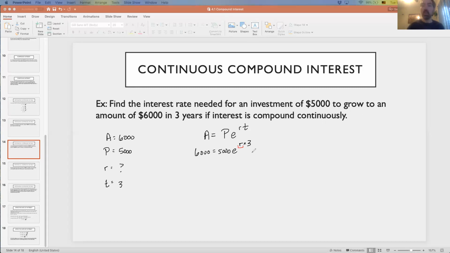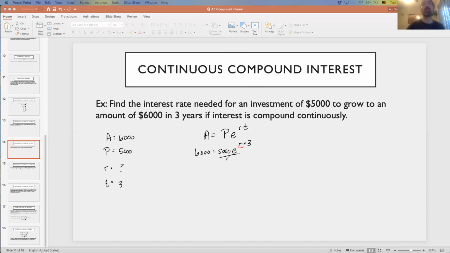When the variable that we're solving for is in the exponent position, we use that property of logs, where we take the log of both sides, and that allows us to move the exponent into the front of the log. But before we do that, we need to get this exponential factor by itself.